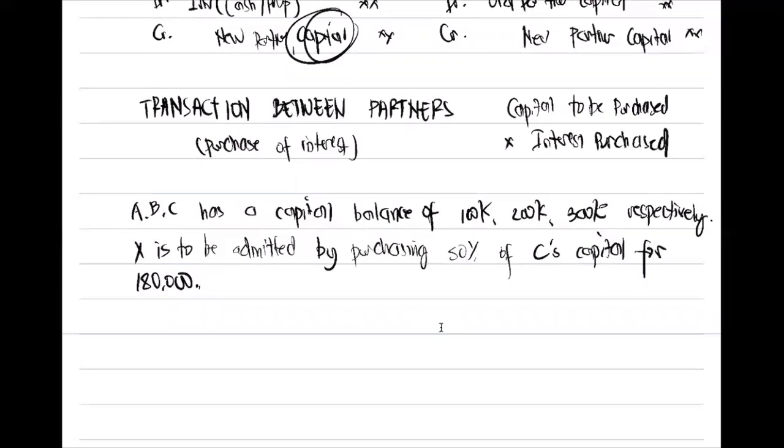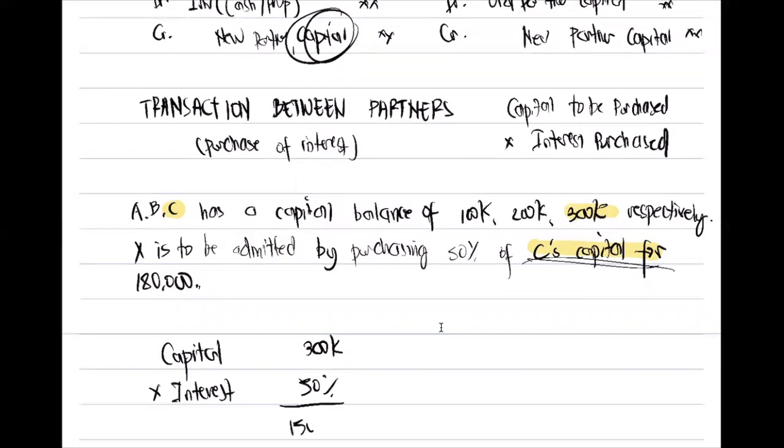Okay? So first, we need to get the capital to be purchased. We will purchase C's capital. So what is C's capital? C has a capital of 300,000. C's capital of 300,000 multiplied by the interest purchased. What is the interest purchased? 50%.